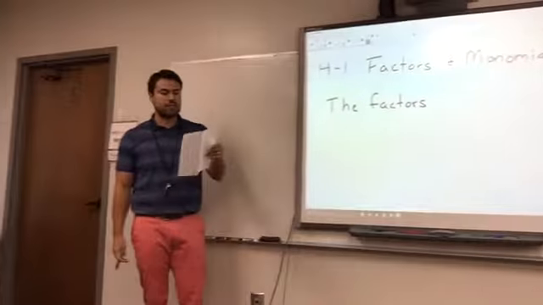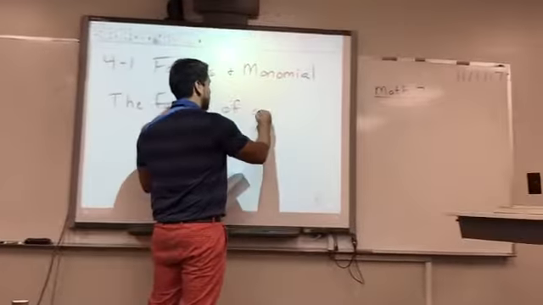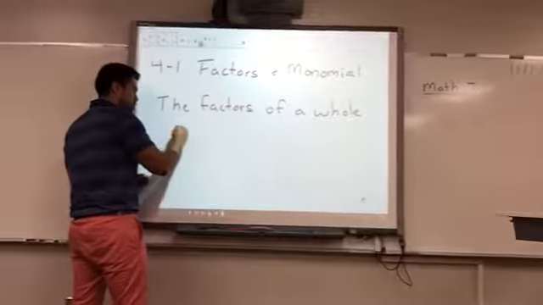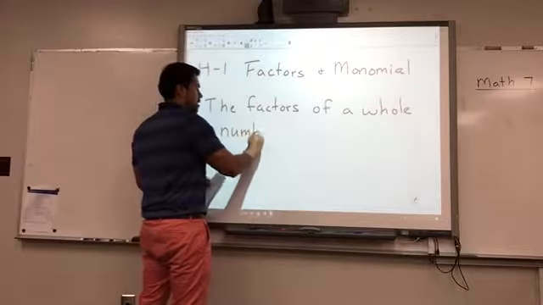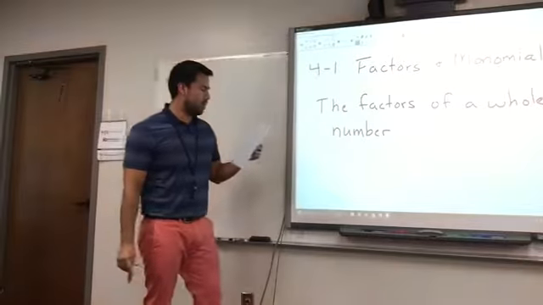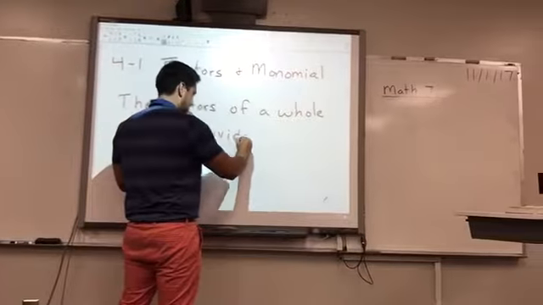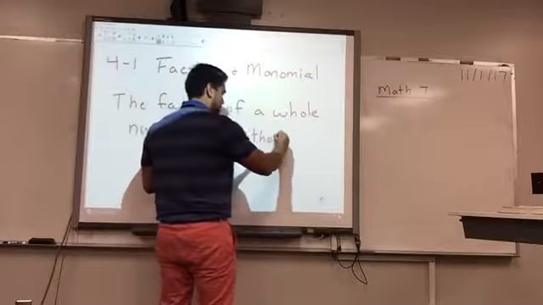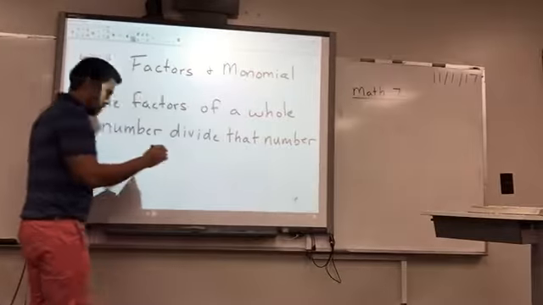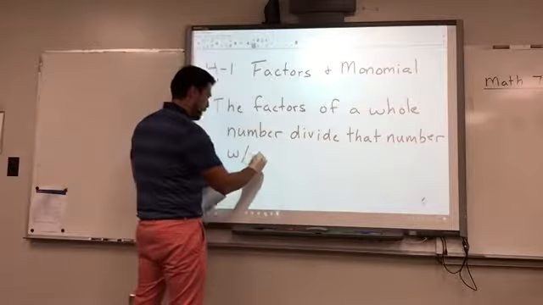So I want you to write this definition down. The factors of a whole number, so we're talking about whole numbers here, not decimal numbers or fractions, although we will get to that later. The factors of a whole number divide that number with a remainder of 0.